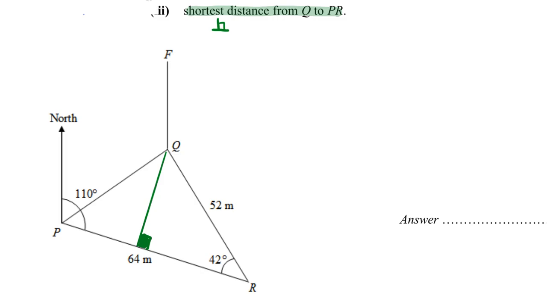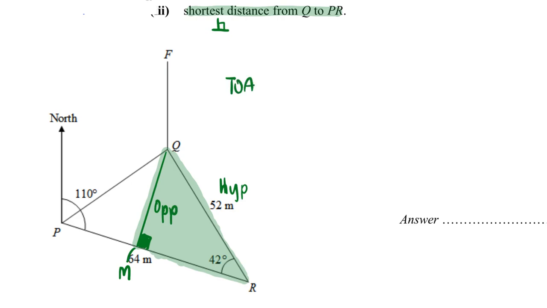And how then we can find this distance, which I'm going to label this point as M. So how do we find this QM? I will need you all to look at this green color right angle triangle, and I will have my hypotenuse. This will be my opposite side.